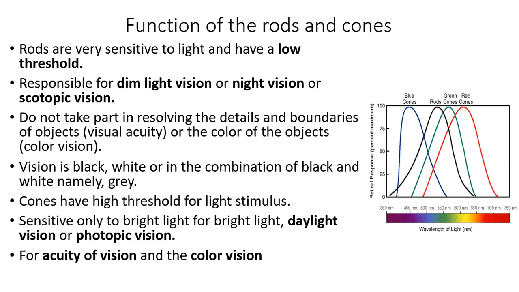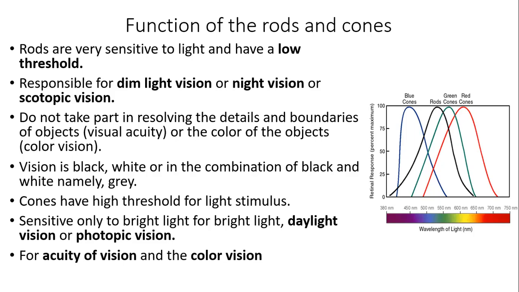Cones have a high threshold for light stimulus compared to the rod cells. They are sensitive only to bright light, for bright light and daylight vision, what we call photopic vision, which is the opposite of scotopic vision, which is for the rods. For acuity of vision and color vision, we use the cone cells. No wonder they need more photons of light for us to stimulate the cone cells.